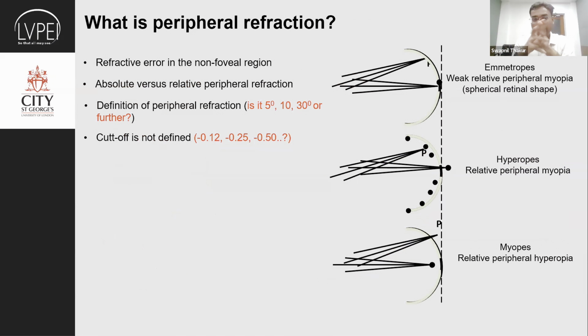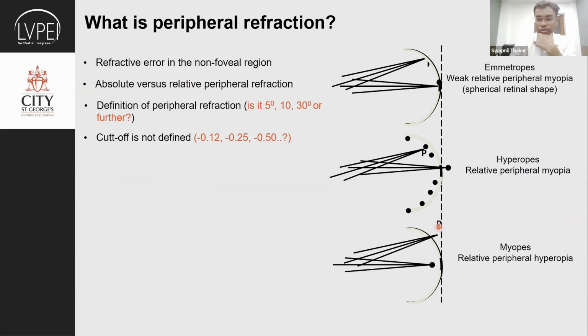So given that we now understand the importance of peripheral retina and how it can modulate refractive error development, let us go through what peripheral refraction is. Peripheral refraction is nothing but refractive error in the non-foveal zone.